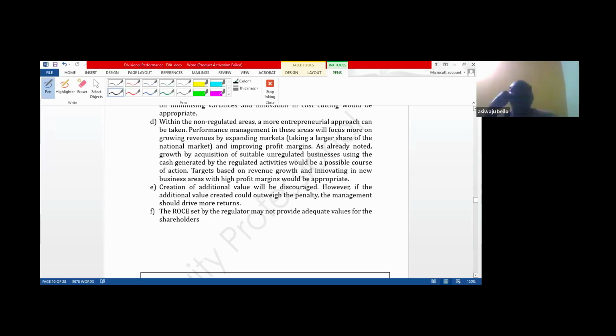If you make more profits, your return on capital employed will be higher than the target set. That will attract penalty. If the profit achieved is more than the penalty government is giving you, then you are going to make more profits. You can take the risk.